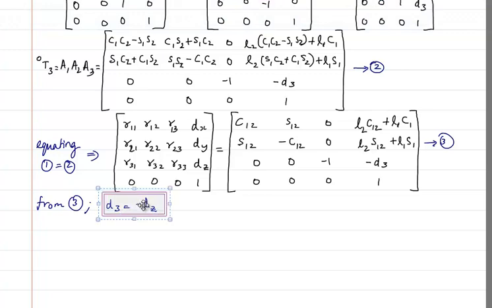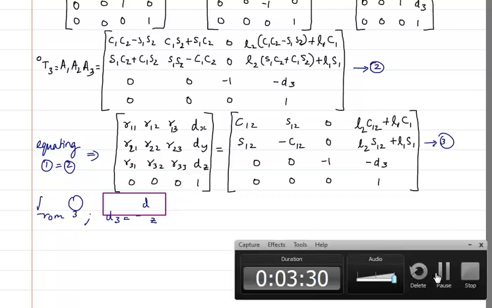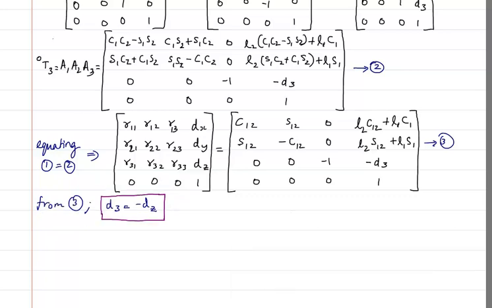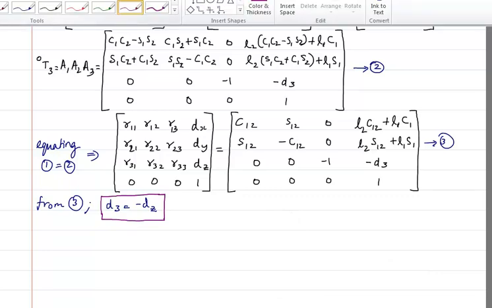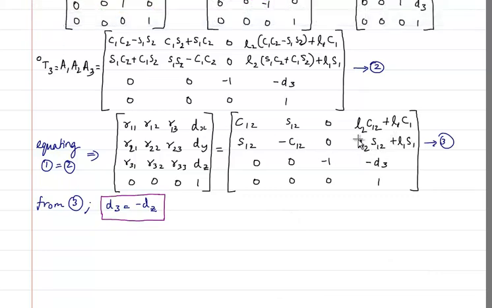So d3 I have found out. Next I can see that I have here L2 S12, which is equal to dy, where S12 is something that I can get from here.